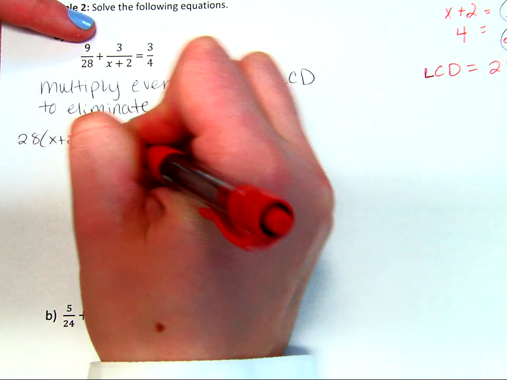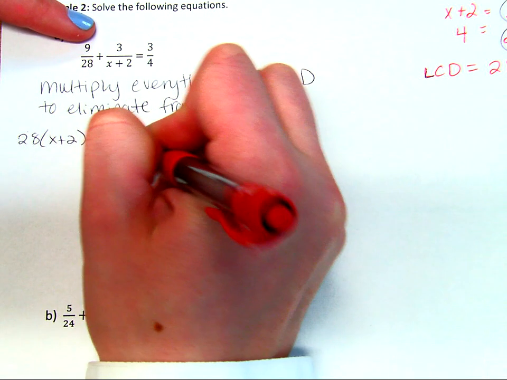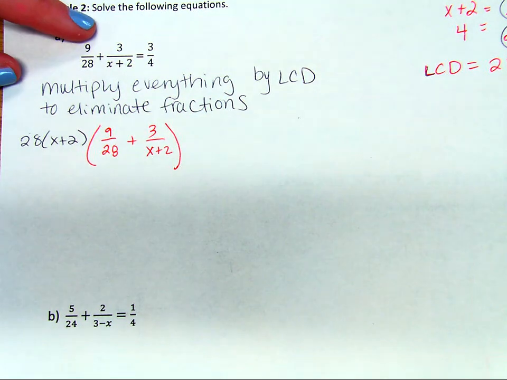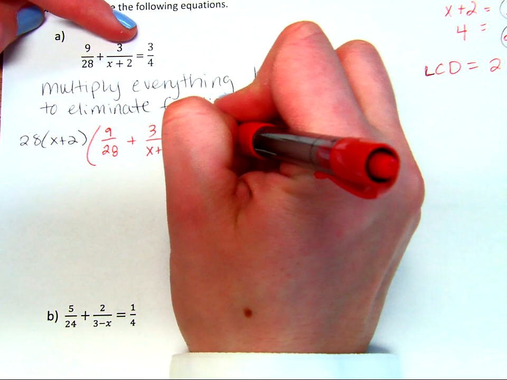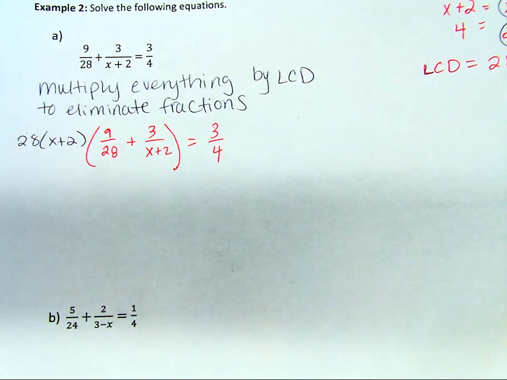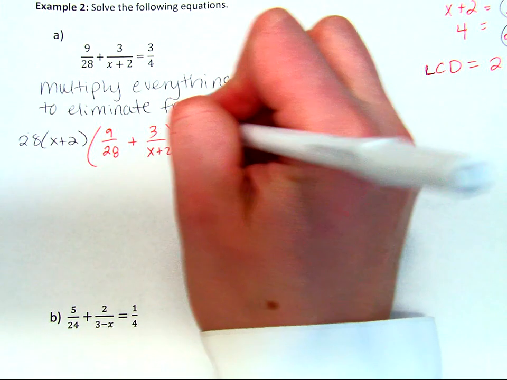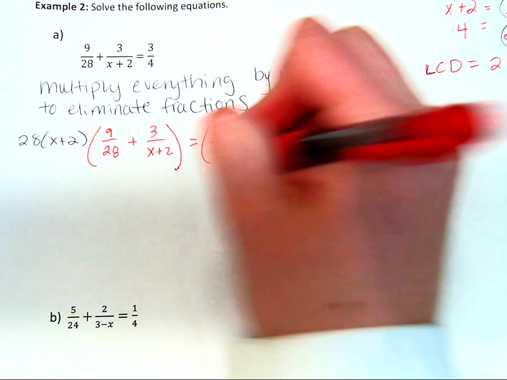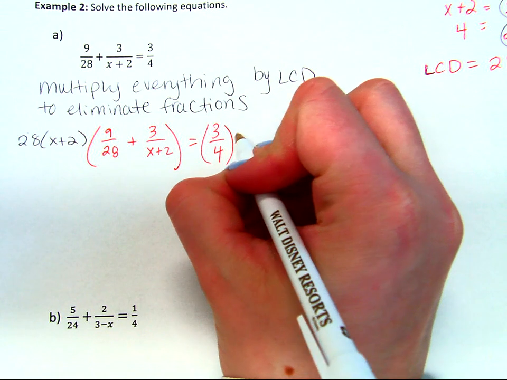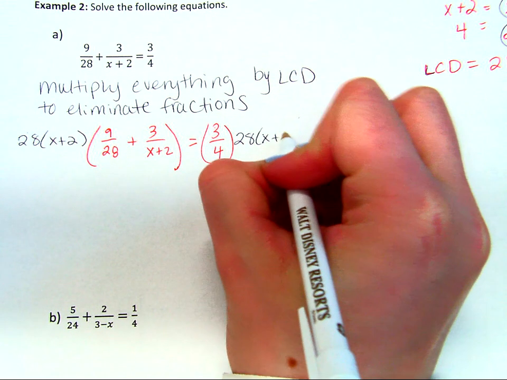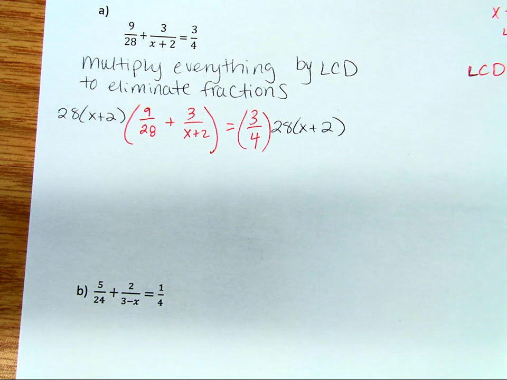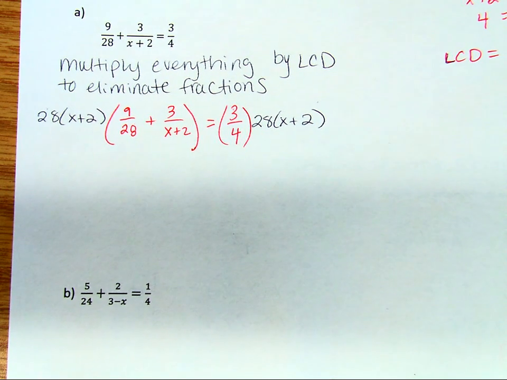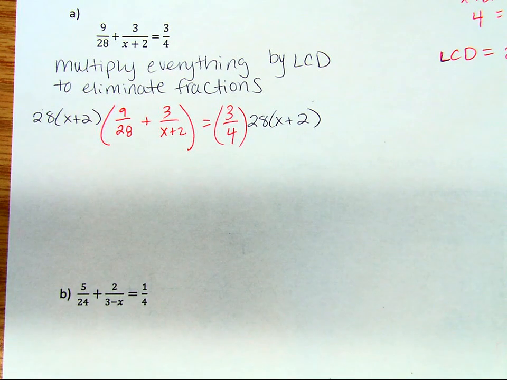Oops, sorry, 28. And then that's equal to, originally I had 3/4, and I'm going to multiply that by my least common denominator as well, 28 times x plus 2. So I just took this and multiplied it on both sides of my equation. And now let's see what happens.